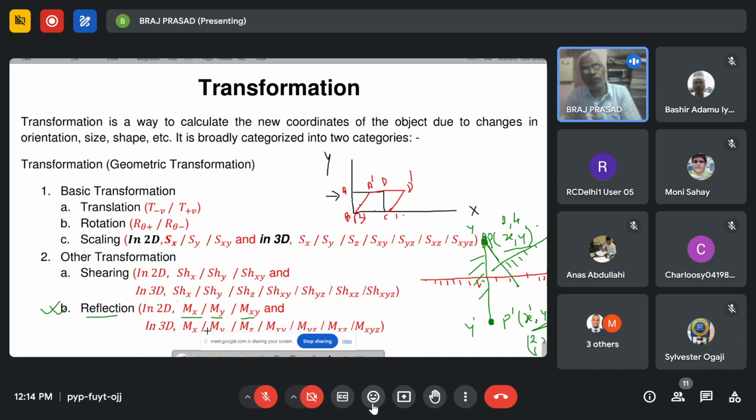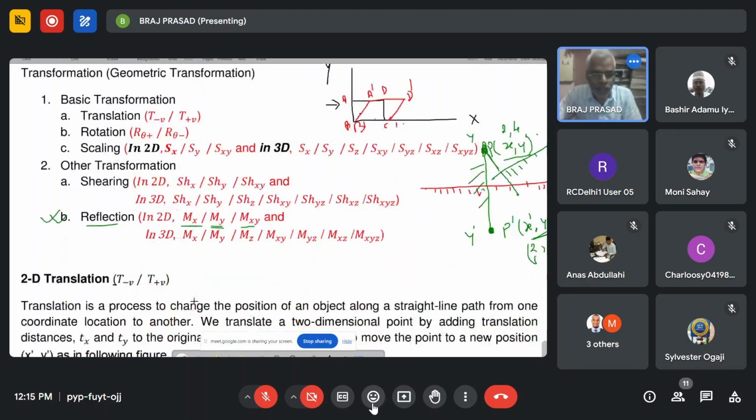So if a mirror is inclined, then that reflection or mirroring is called mxy. And if it is along the x axis, it is mx. And if the mirror is along y axis, then it is my in 2D.